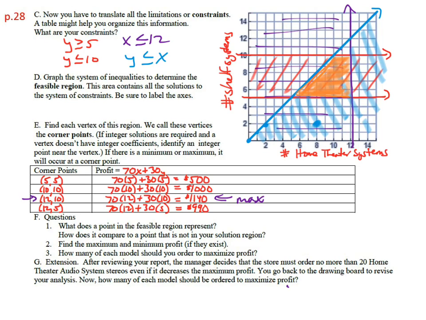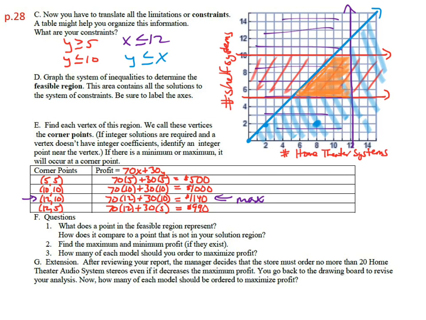If we're looking at just any point that's in a feasible region, that is going to say that this is a solution to the system. In other words, this is a possible combination that we could expect to sell. A point outside the region would not be a solution.